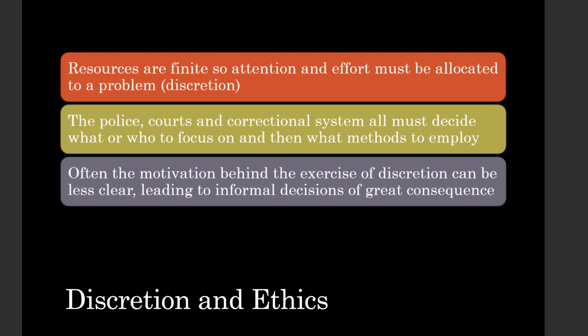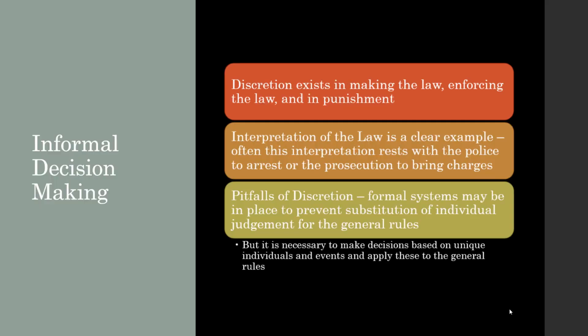And this motivation of discretion is often less clear because it's much more subjective. It begins to move out of the objective and into the subjective, leading to informal decisions of great consequences. So discretion exists in making the law, that hidden step, enforcing the law, and the punishment. Interpretation of law is a good example of this. Very often we have to interpret, is this act serious enough to warrant an arrest?